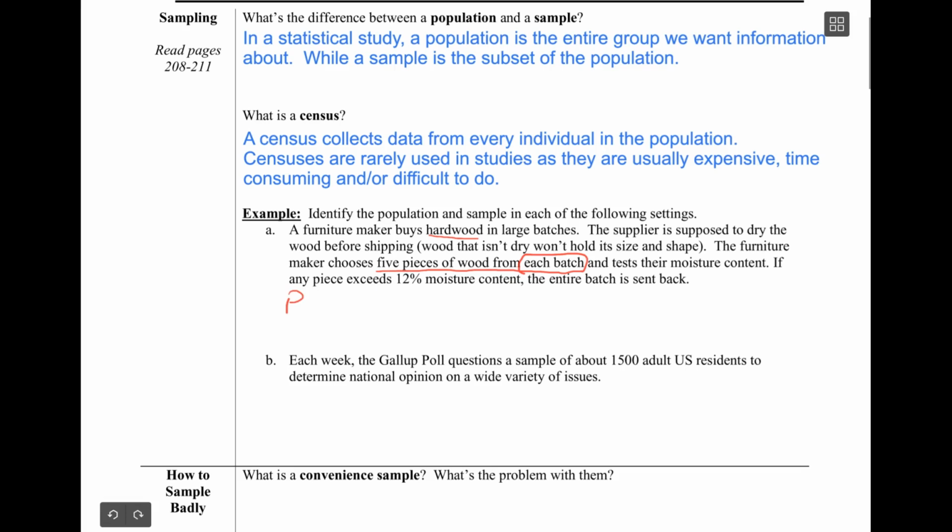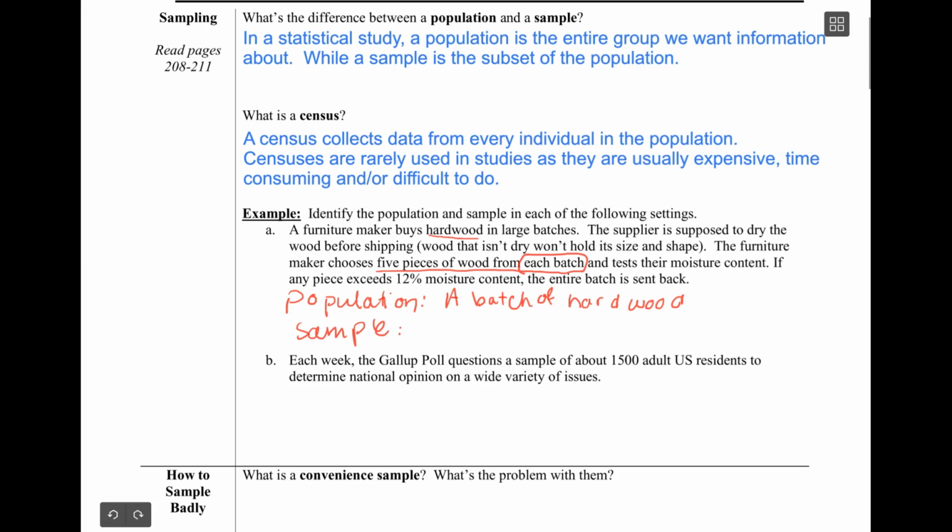So population is a batch of hardwood. And of course, what I underlined is the sample, because they're sampling from the population, and the population is just one batch of hardwood.